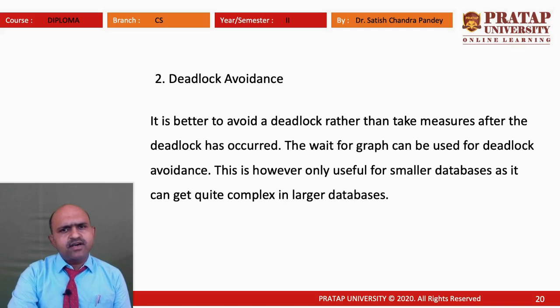This is, however, only useful for smaller databases as it can get quite complex in larger databases. This is the avoidance of deadlock. There are various algorithms also for deadlock avoidance which we can discuss.